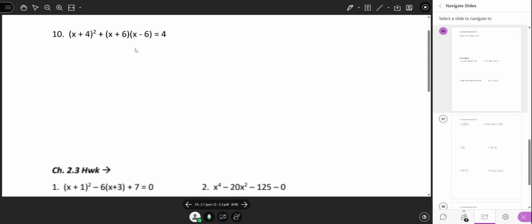Now, believe it or not, number 10, use Desmos.